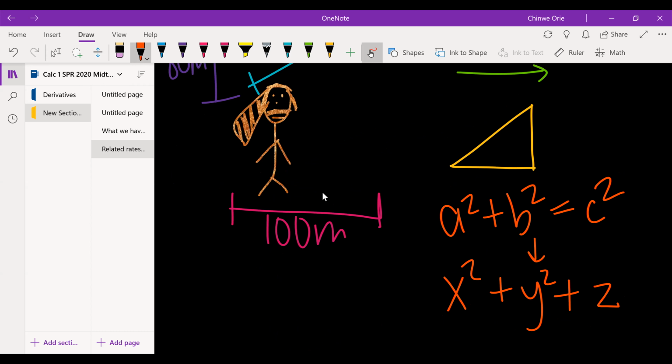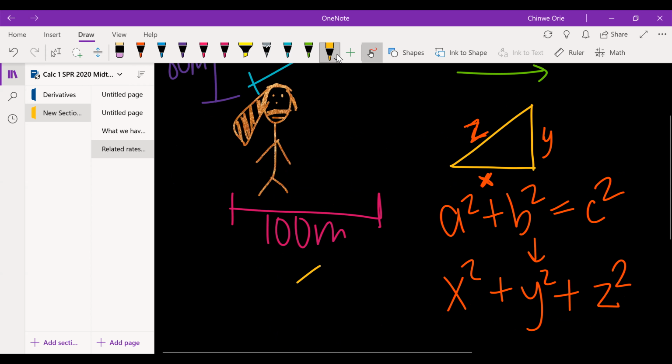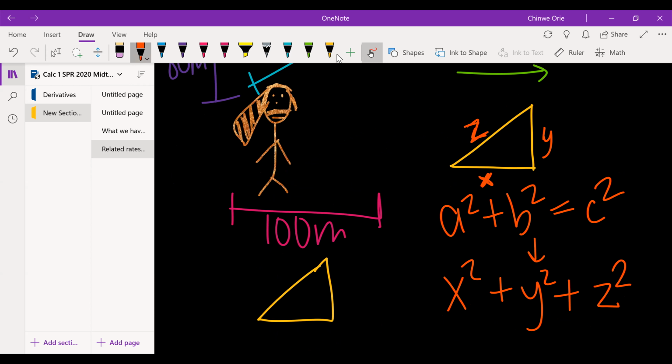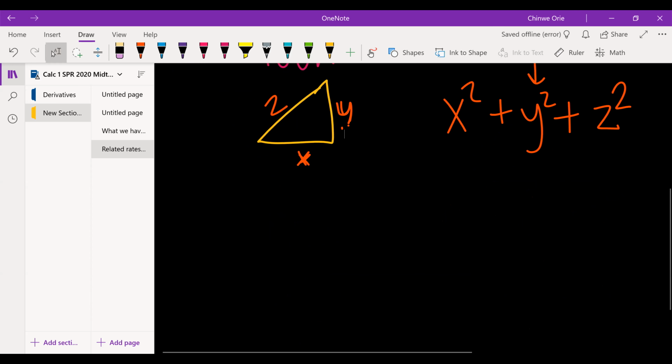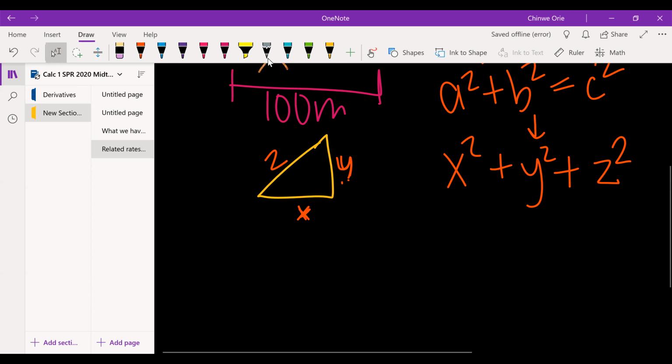So we're going to label it on a triangle: x, y, z. Great. I'm going to redraw this triangle over here so we have some more room. Let's fill in our information. What information do we have?